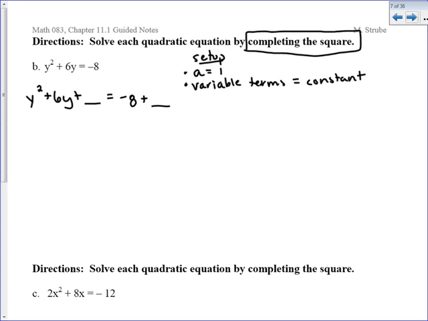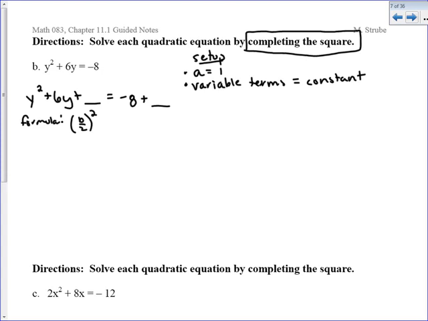So now we're going to fill in the blank, and we fill it in just focusing on the left side. What's my formula to complete the square? B divided by 2 squared. So the formula for Monday is just b over 2 squared.